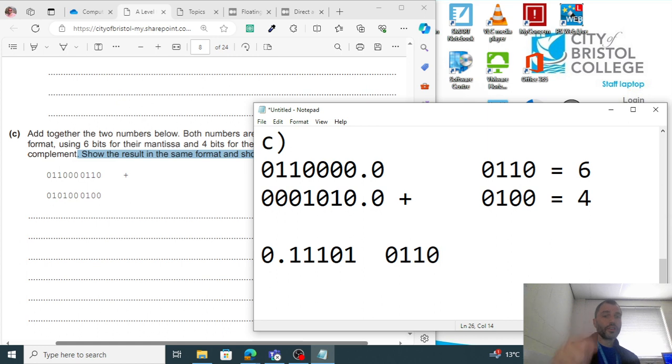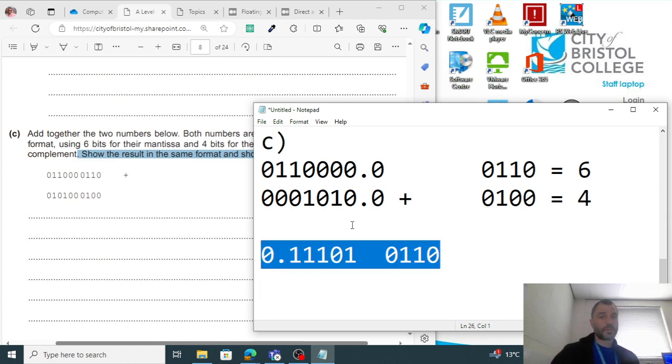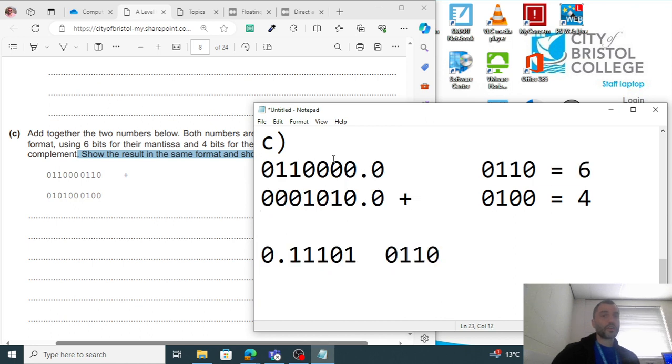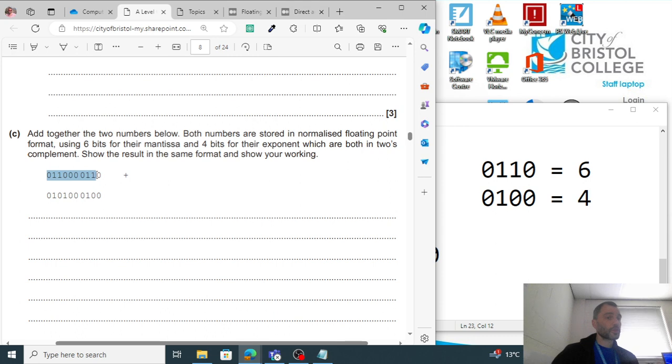So that's your answer to this addition of these two numbers, right? So you've got to multiply them out first, add them up, and then you've got to normalize it. You've got to shift that decimal point back to between the leading 0 and the 1, right? Yeah?